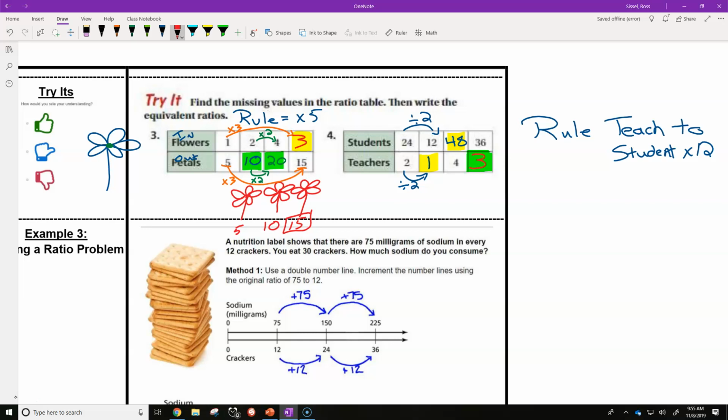Keep your hand up if you found 2 ways to find the number 3. 3 ways. 4. 5 ways. Put your hand down. 6 ways. Did your group find 6 ways?